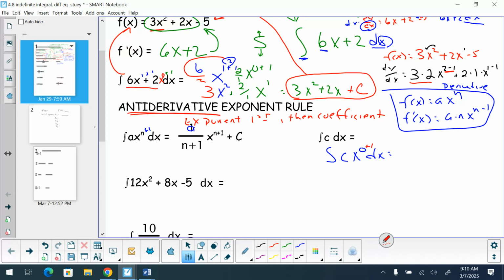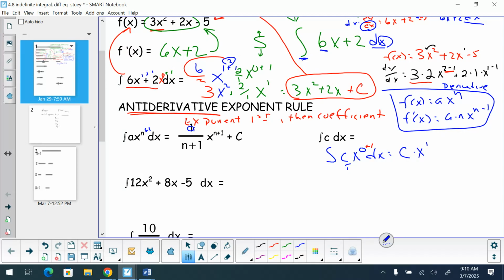Add our 1. So we have x to the first power, and we divide c by this value 1. So we have c times x to the first power. When you're taking the antiderivative of a constant, it's just going to be the constant times x to the first power.